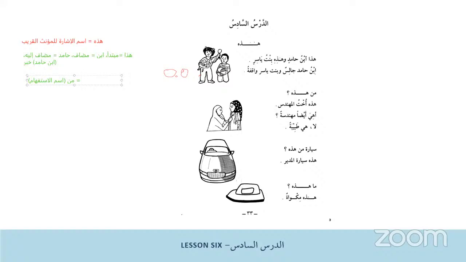Man هذه مبتدأ. Very good. Okay, and that will leave what to be the khabar? هذه. هذه will become the khabar, and then man هذه, this will become a sentence, but what kind of sentence would it become? جملة اسمية أو فعلية؟ اسمية.